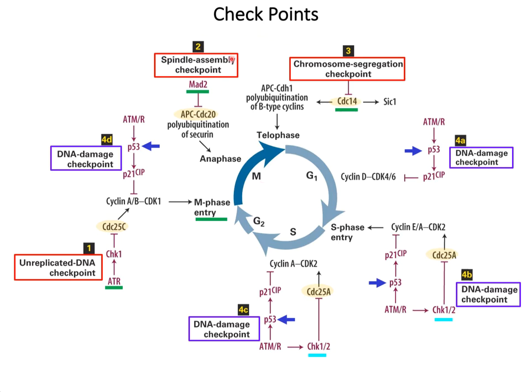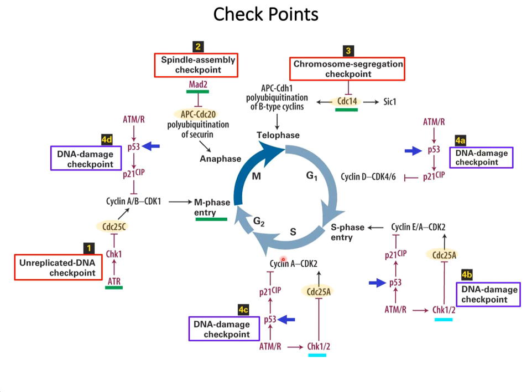There is a spindle assembly checkpoint that happens in mitosis, that's number 2. There is a chromosome segregation checkpoint that also happens during mitosis, number 3. And then 4, DNA damage checkpoints that are scattered throughout the cell cycle. So let's look at each of these individually.